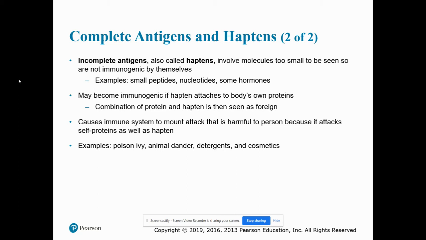And then that combination of the hapten and the protein at that point is seen as foreign. And once that's seen as foreign, the immune system mounts an attack that ends up being harmful to the person because it's going to go after the self protein as well as the hapten. Examples of this are going to be poison ivy, animal dander, detergents, cosmetics.